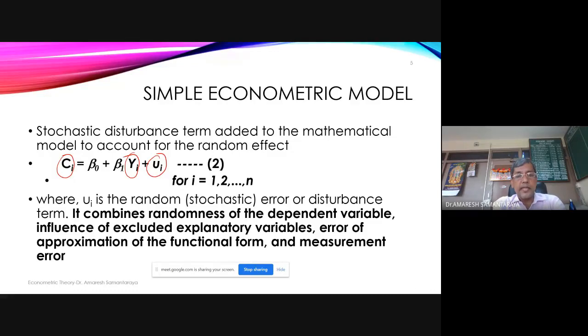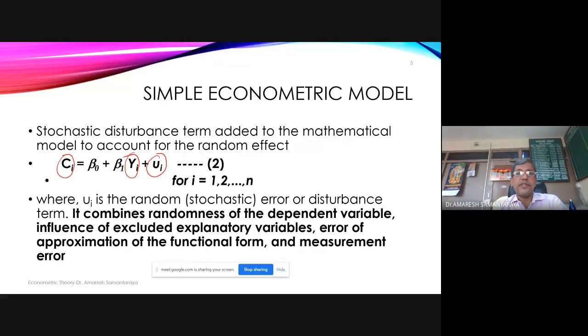Ui is the most important variable introduced here, and all of us need to understand the very nature and properties of Ui. In fact, your entire learning of econometrics hovers around your understanding of this stochastic error term. This is very critical.